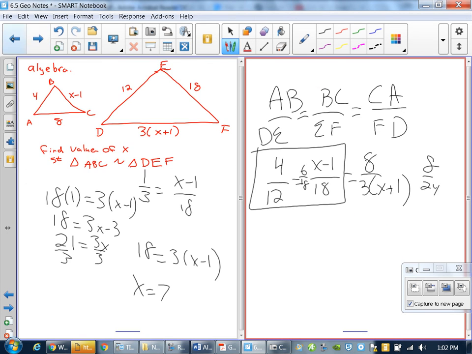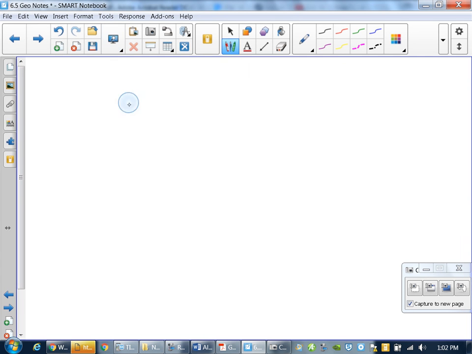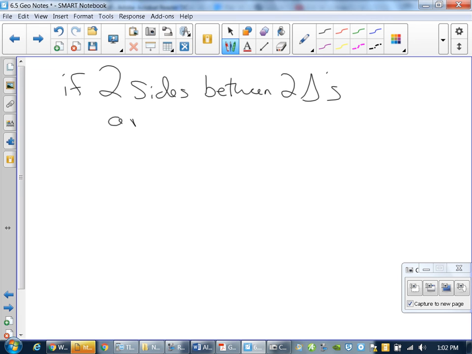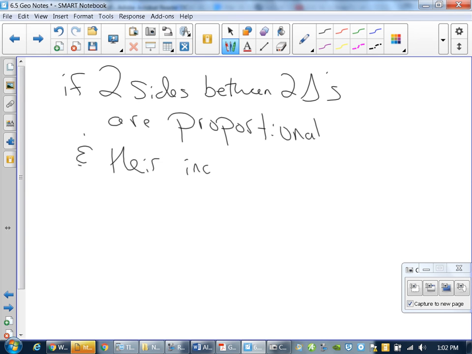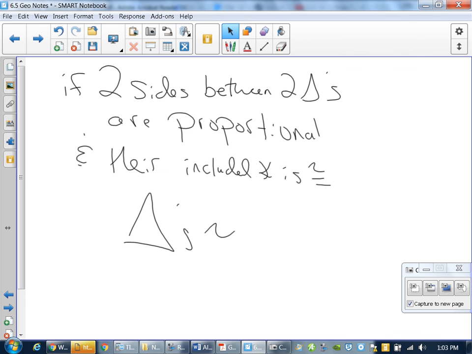Hey, same thing goes for when we want to do something different. If two sides... same deal goes for if you have what basically works out to look like a side angle side scenario.